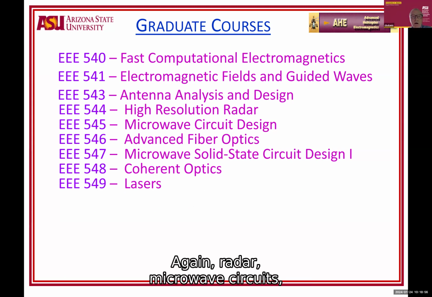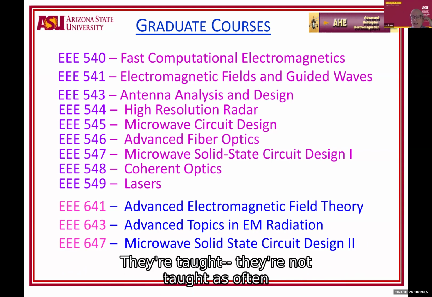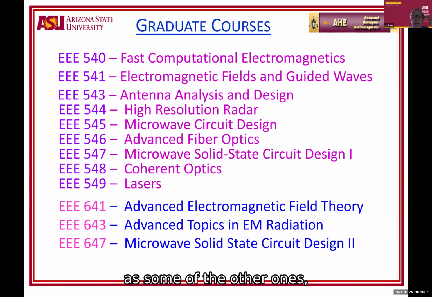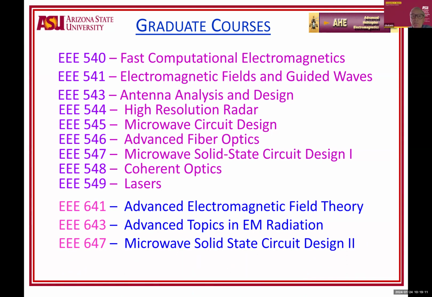Again, radar, microwave circuits, and we even have 600 level courses. They're not taught as often as some of the other ones, but we have taught them. That's why we have them, because we teach them.